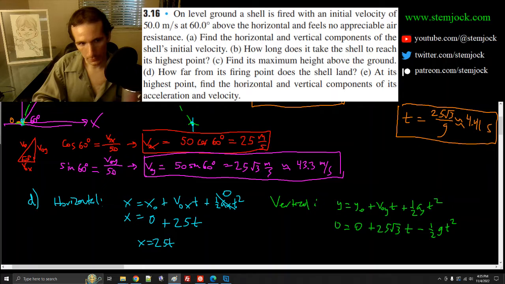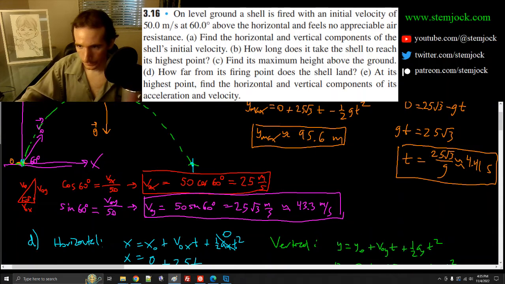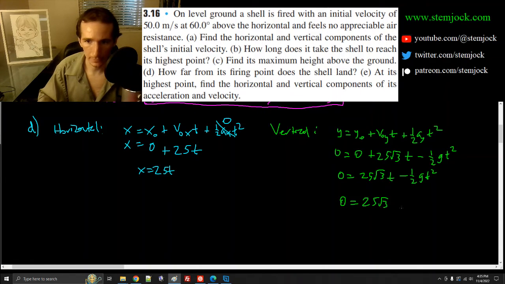So t is 0 at the very beginning, so t is going to be bigger than that. Our equation then is 0 equals 25 square root 3 t minus 1/2 g t squared. To solve for t, I'm going to divide both sides by t. 0 equals 25 square root 3 minus 1/2 g t.